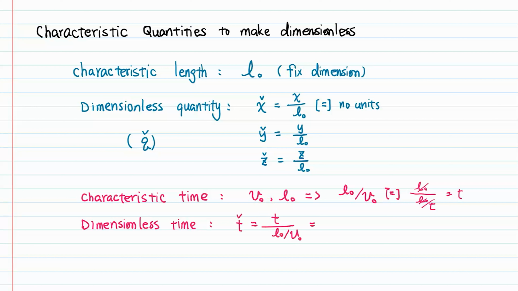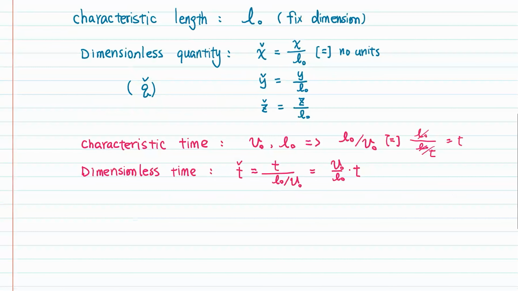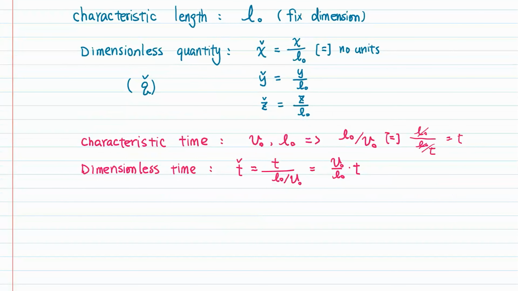So equals V naught over L naught times t. Okay, so that's the dimensionless time.